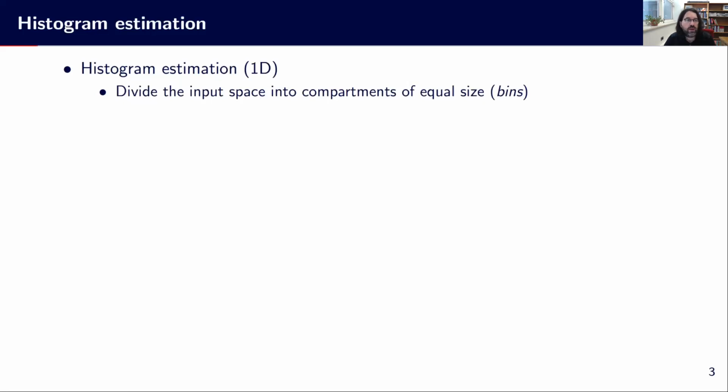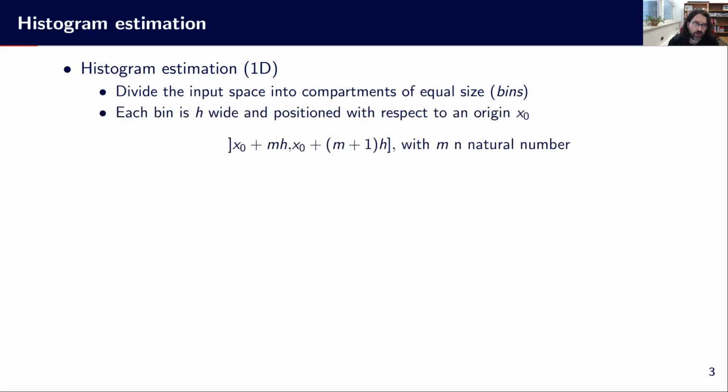And so if we are doing histogram estimation in 1D, we are doing something like this by first dividing the input space into compartments that we simply call bins. So we have bins that we build over that domain. Each bin is of width h and positioned with respect to the origin.